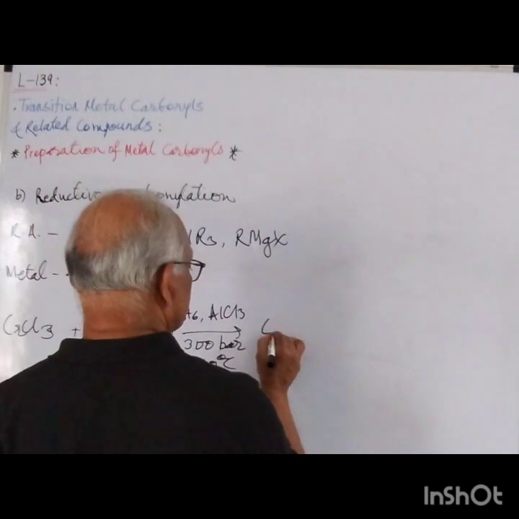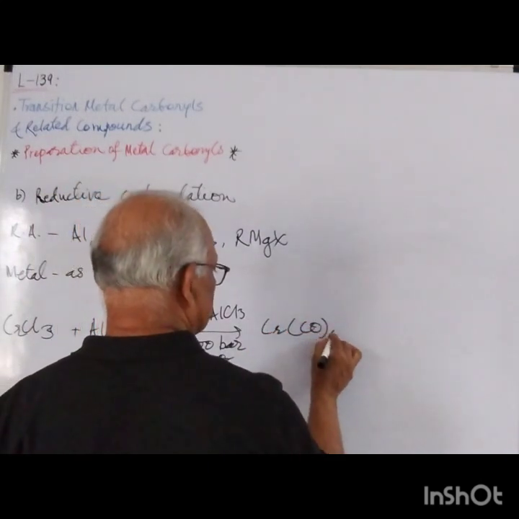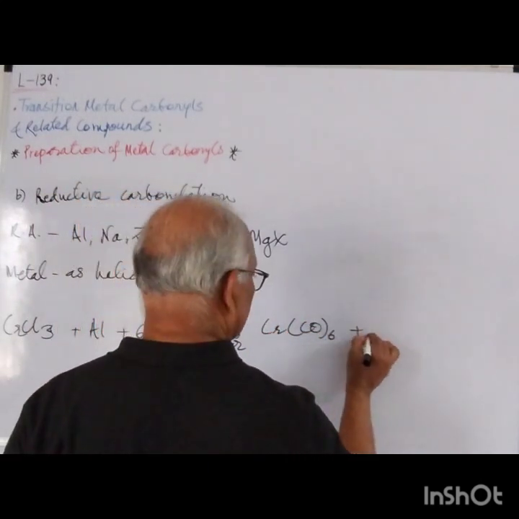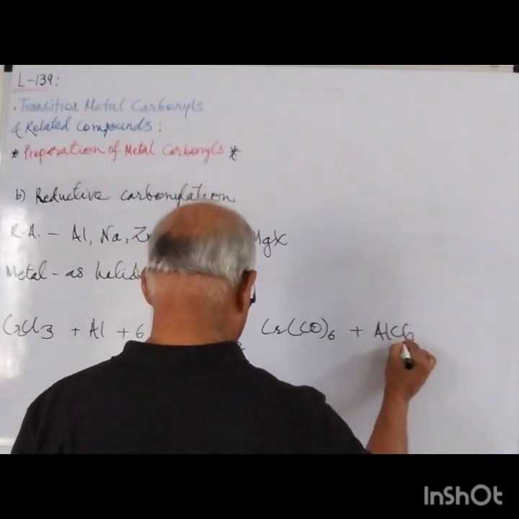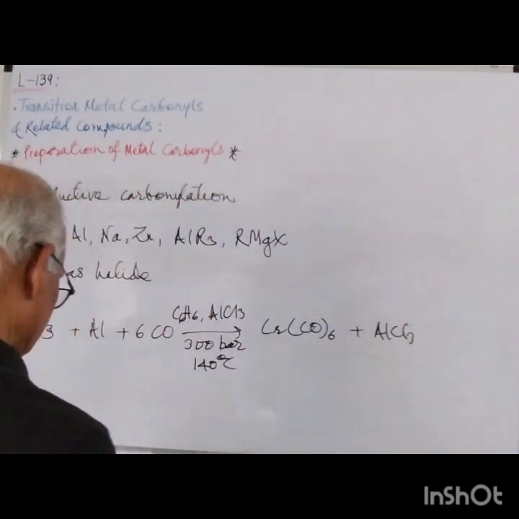So it gives Cr(CO)6, that is our metal carbonyl, and the product AlCl3.